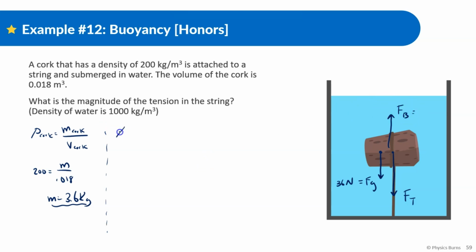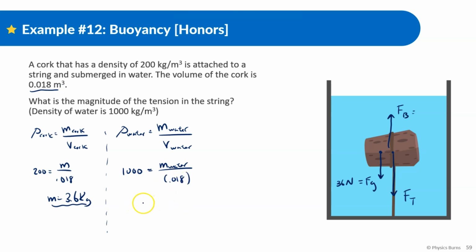So we should know that the density of water is equal to mass of water divided by volume of water. Density of water is 1,000. Mass of water we do not know yet. Volume of water is equal to, well, it's displaced the same amount, 0.018.